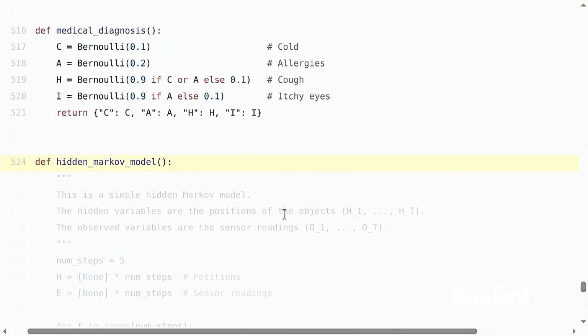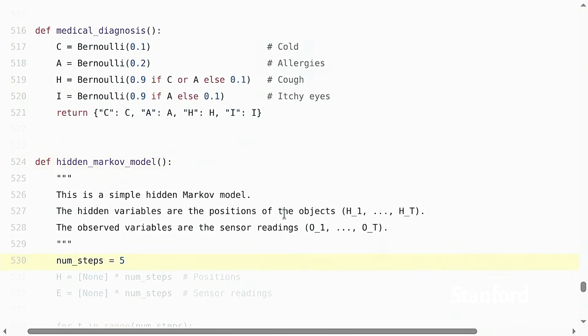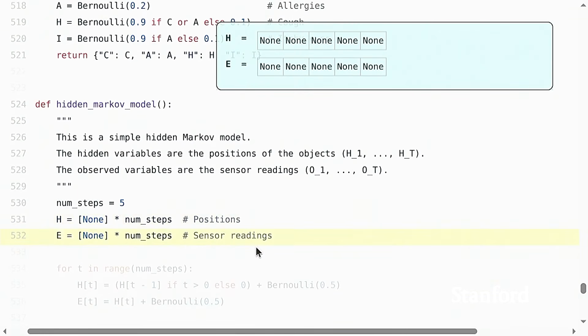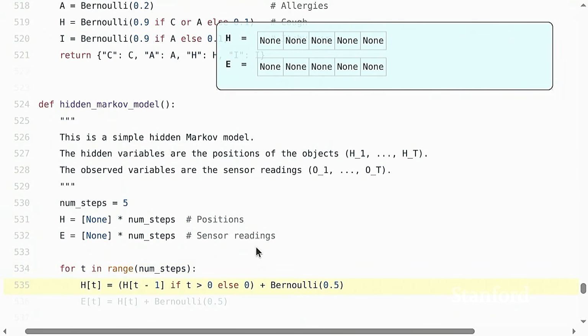So hidden Markov model, here's what we're going to do. We're going to iterate for 5 steps. And for each step, I'm going to look at the previous step, and I'm going to add either 1 with probability 0.5 or 0 with probability 0.5. So with probability 0.5 I stay in the same state, with probability 0.5 I advance to the next state.